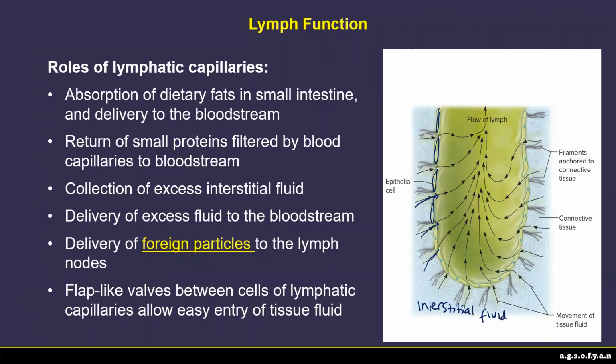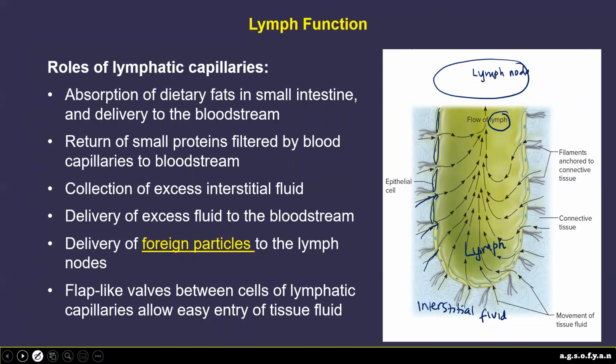And when it is absorbed, it becomes lymph. So now the fluid is called lymph over here. And then it flows into the lymph node, and from the lymph node it goes to the lymphatic trunk, to the lymphatic duct, and finally drains to the subclavian vein.